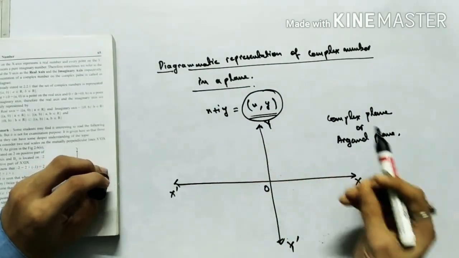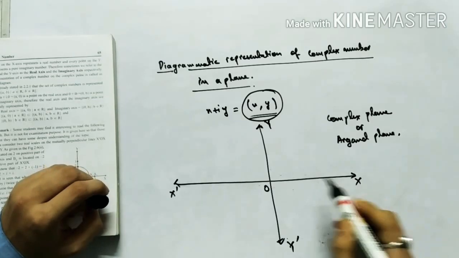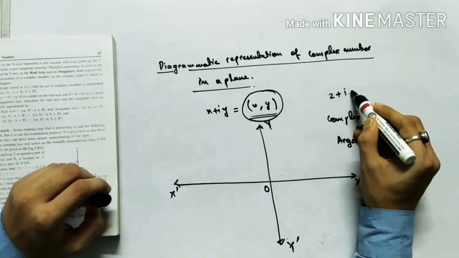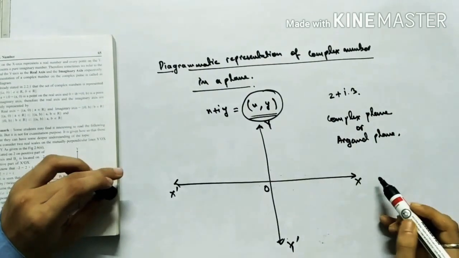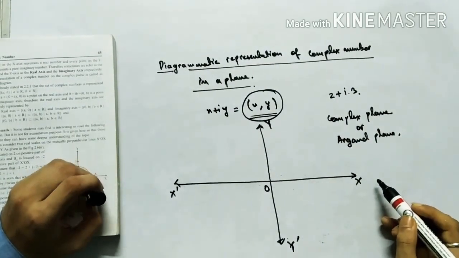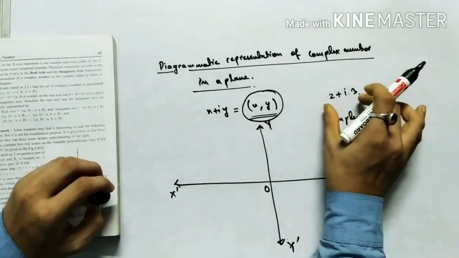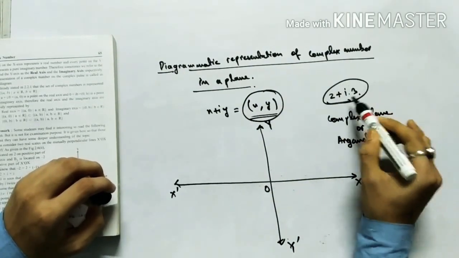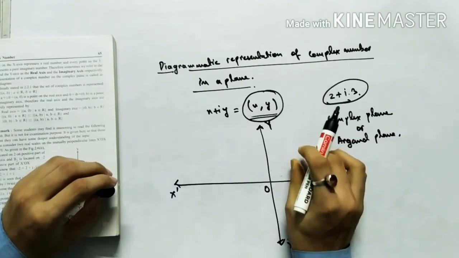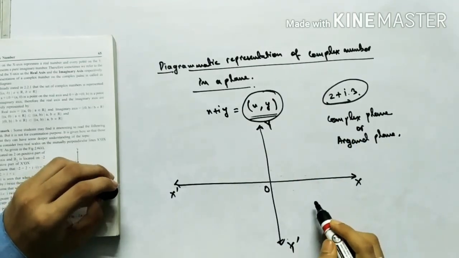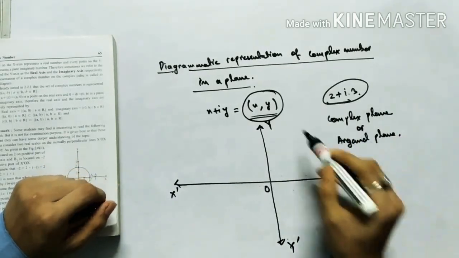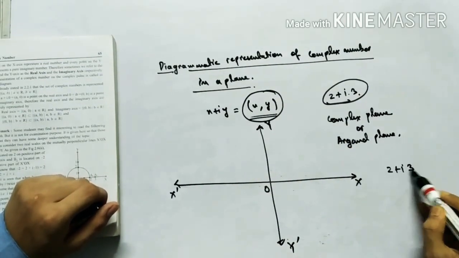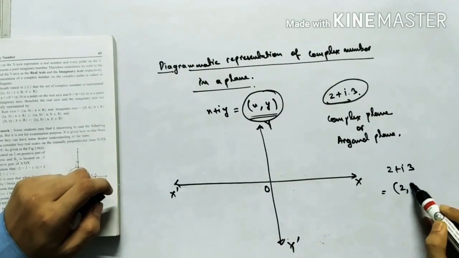So therefore if I take a complex number, for example 2 plus i 3, this complex number represents a point on the complex plane, because this one I can write as 2 comma 3.